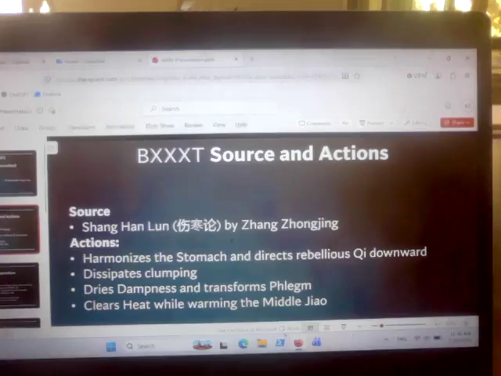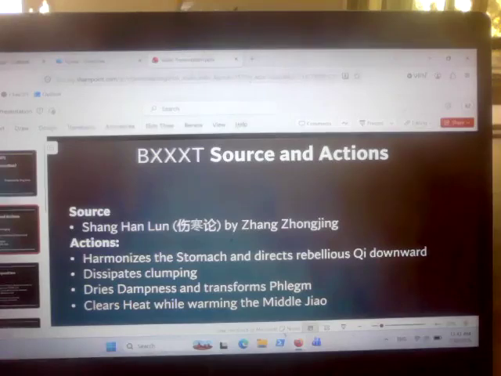The action of Xia Xie Xin Tang can be listed below in 4 points. The first point of the action is Xia Xie Xin Tang could harmonize the stomach and direct the rebellious qi downward.